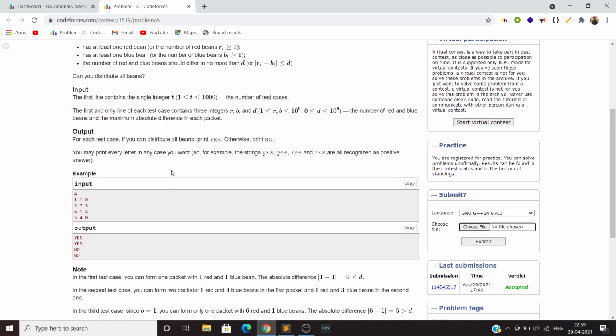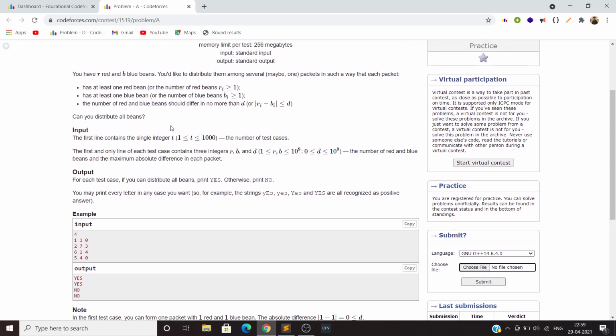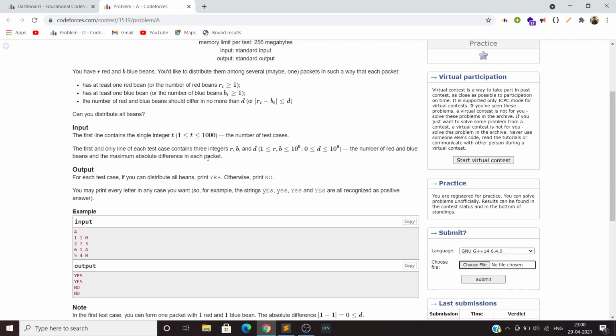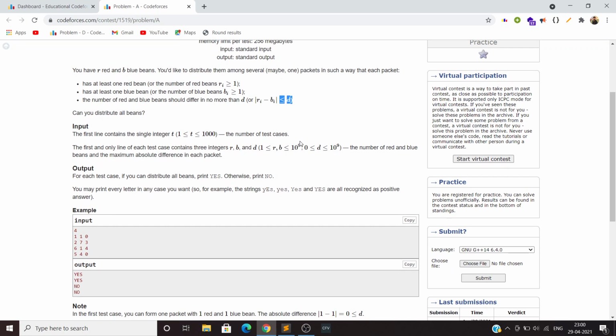So the first problem is saying that we are given R red and B blue beans and we have to distribute them in such a way that the difference in the number of red and blue beans should be less than or equal to D, and that is the absolute difference.